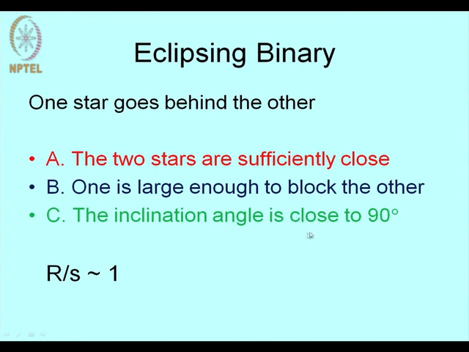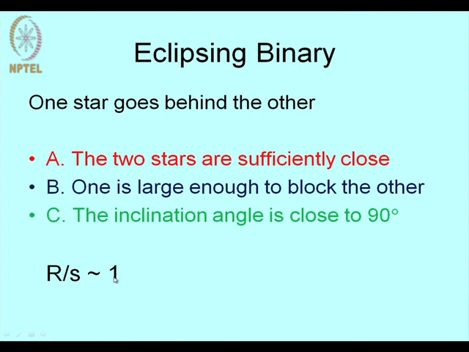For a face-on orbit, it is not going to happen. So, you require the inclination angle to be close to 90. Now, the first two conditions are satisfied if the ratio of the radius of the star and the separation between the two stars is approximately 1.